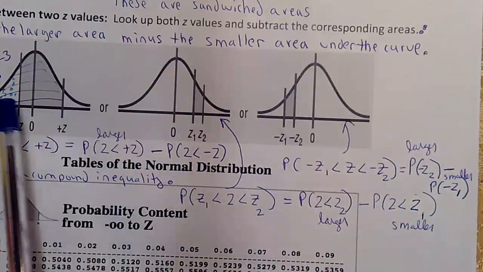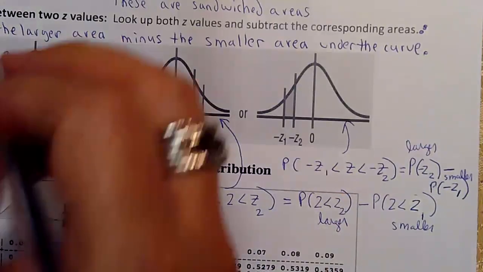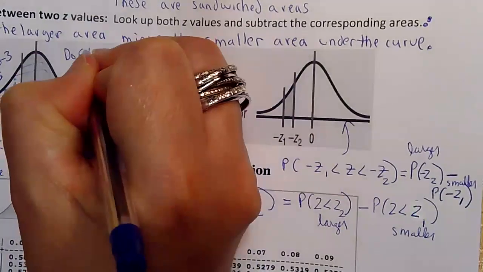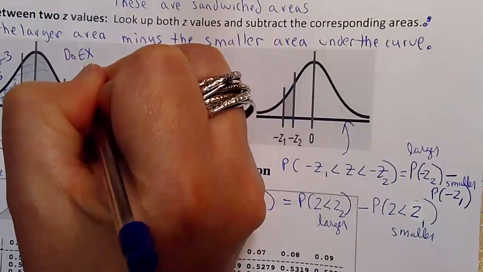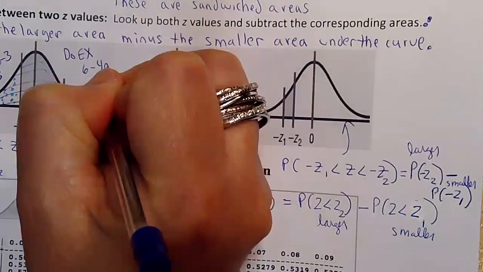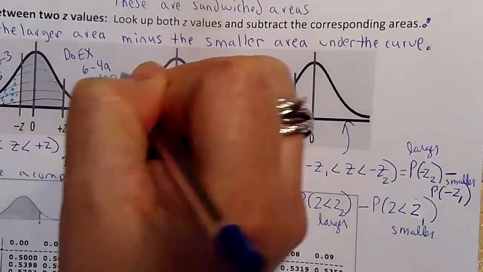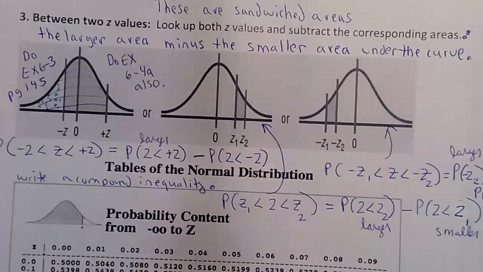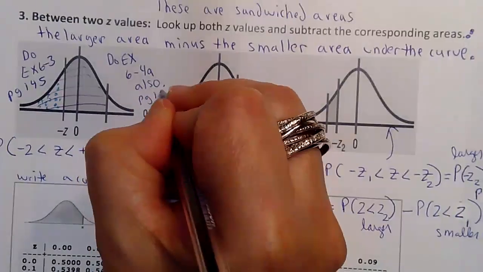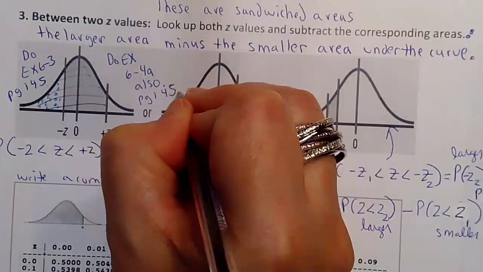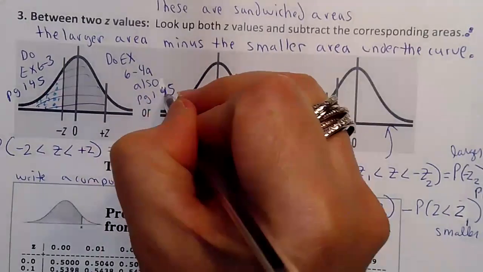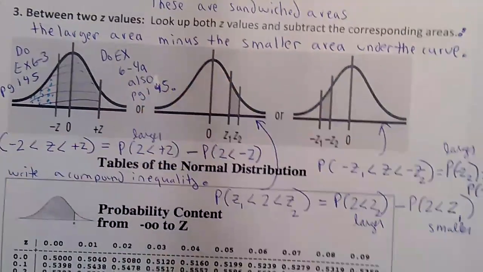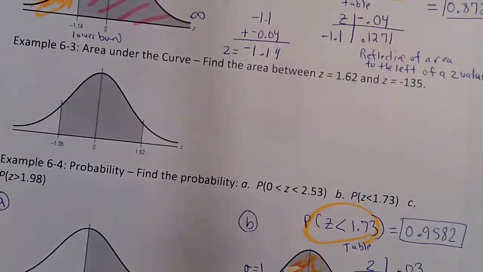We're going to do example 6.3, and we're also going to do example 6.4a, on page 145. Those 2 are going to be the 2 examples of this. Okay. So let's go to page 145 and show you that.